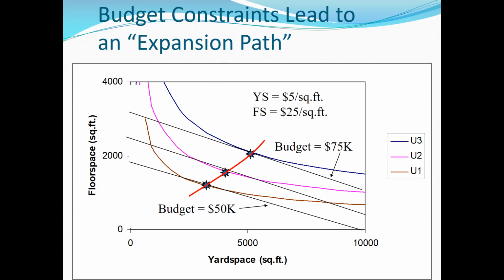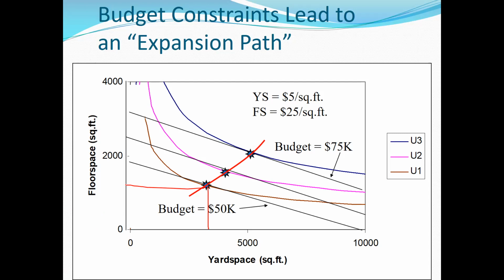Let's say you had a $50,000 budget. If you want to derive the same utility, you would want to buy a house that has about maybe 3,000 square feet of yard space and maybe about 1,200 square feet of floor space.